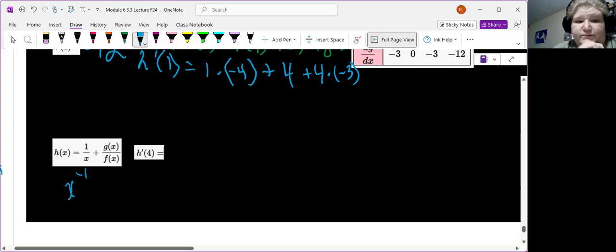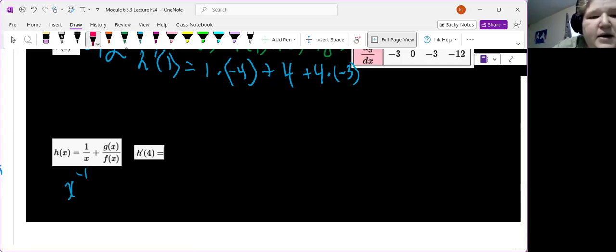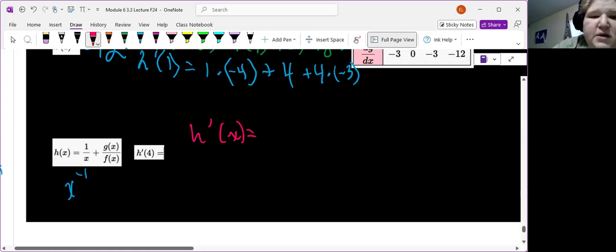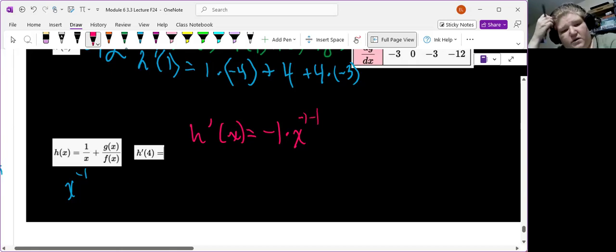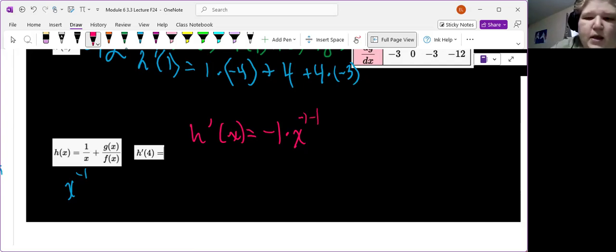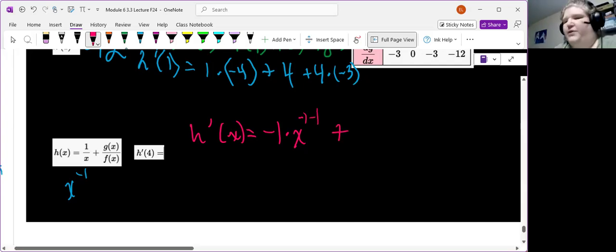All right, so when I start doing my h prime of x down here, that first part, we bring the power down, -1 times x to the -1 minus 1. So that'll be x to the -2 power. Plus the mess.